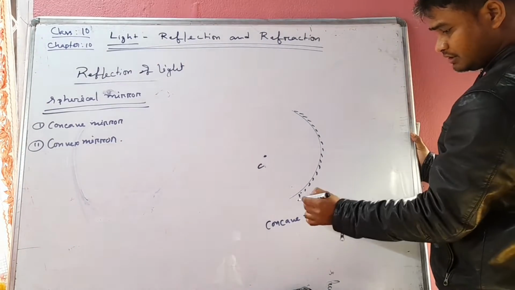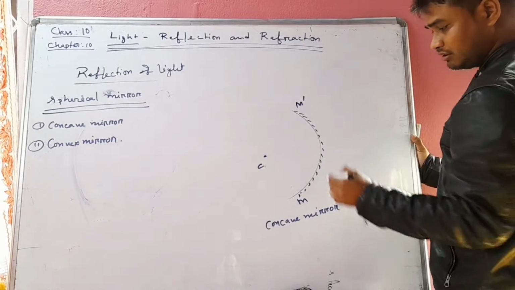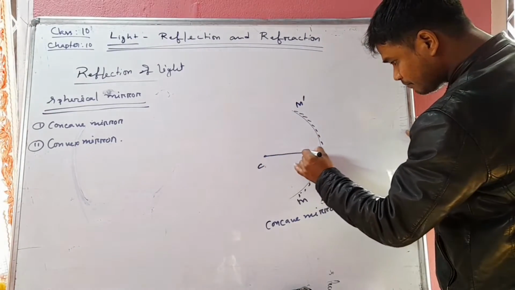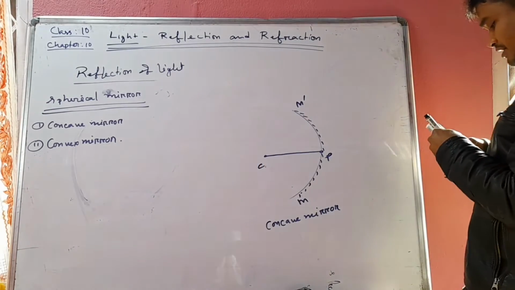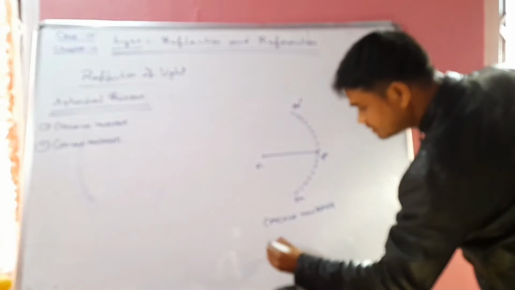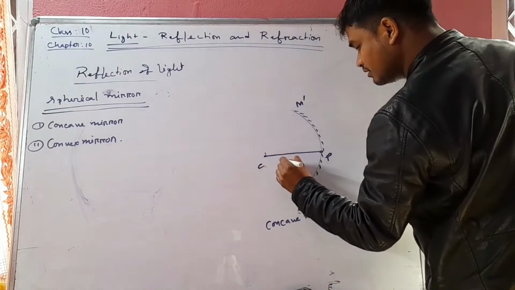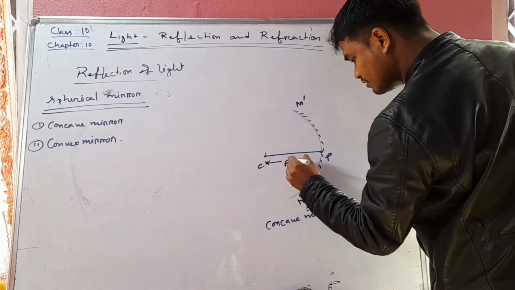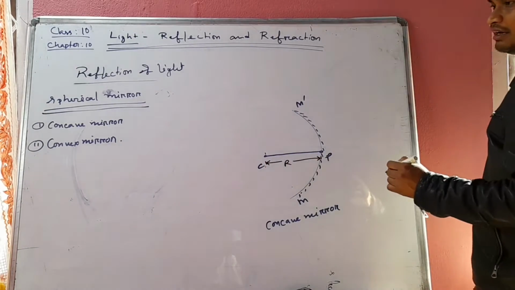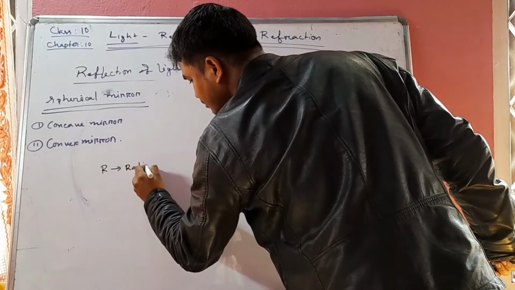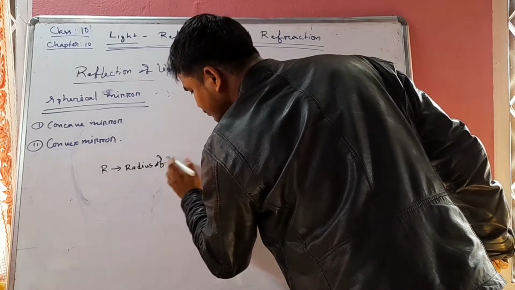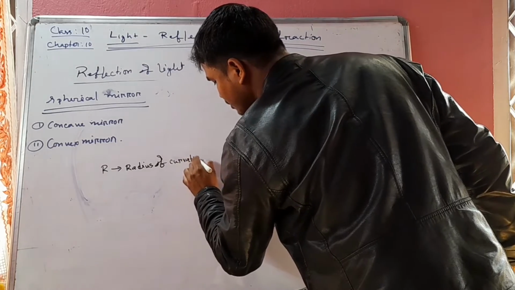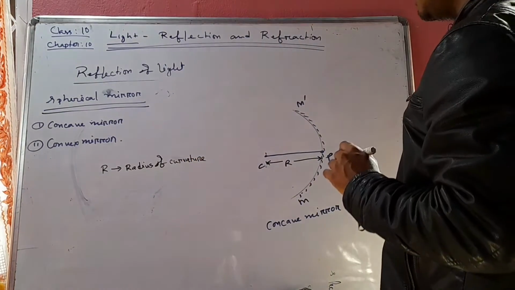Now, with this aperture, this is the pole, and the distance between C and P is called R. R is the radius of curvature.